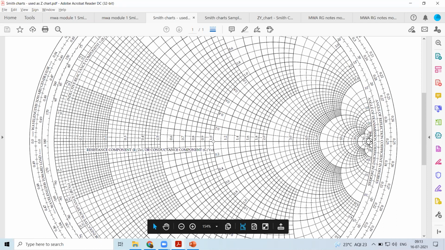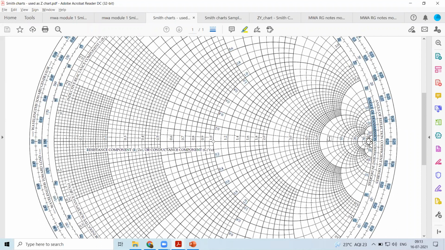In this, you can see several circles which start from this point. Those are nothing but the resistance circles. This circle is associated with the resistance, and this circle is associated with the resistance.